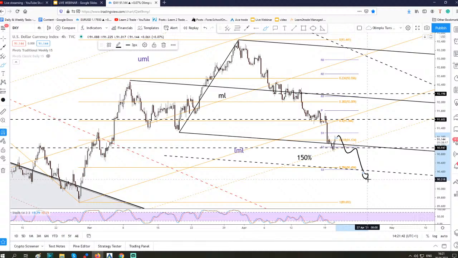So a further drop here registered by the DXY, by the US dollar index, will indicate that the US dollar will continue to depreciate versus the other major currencies.